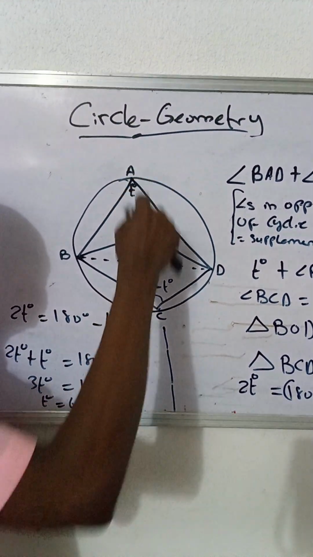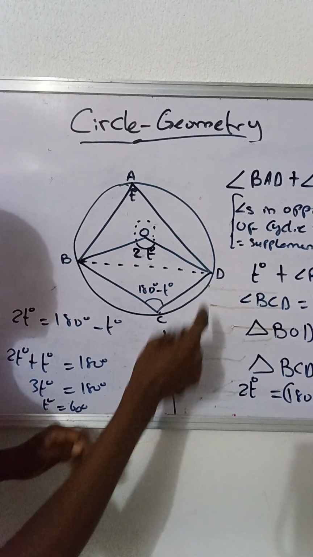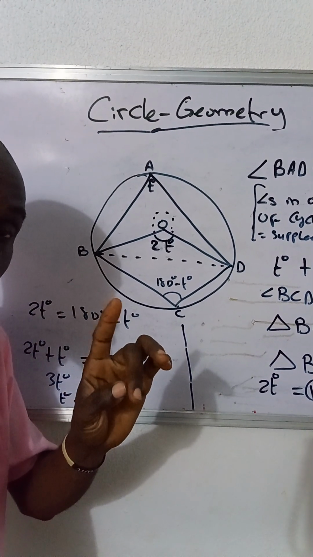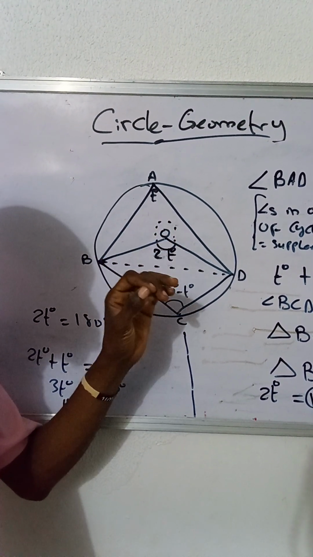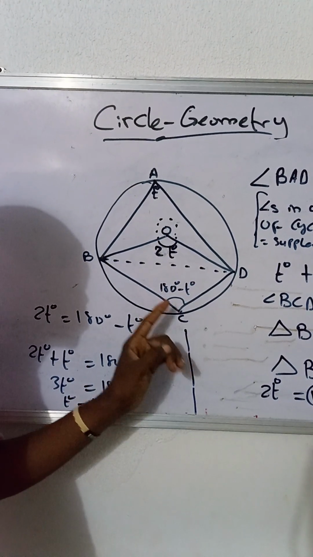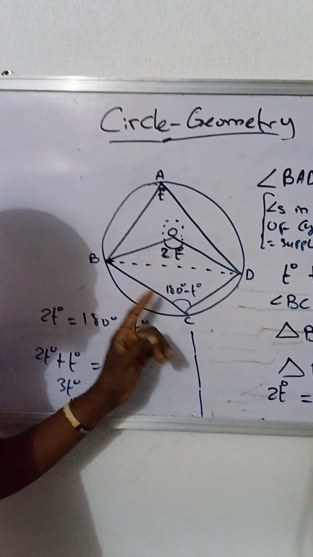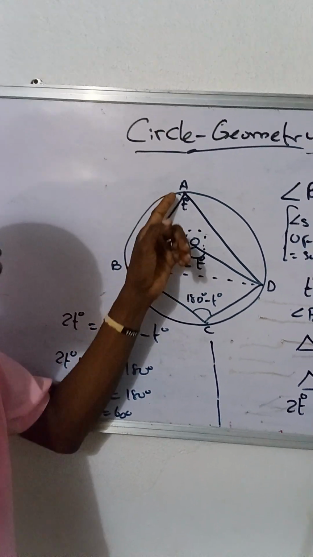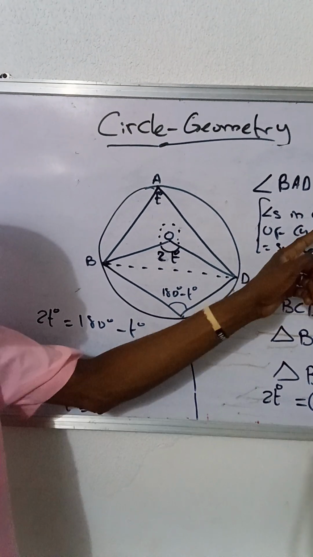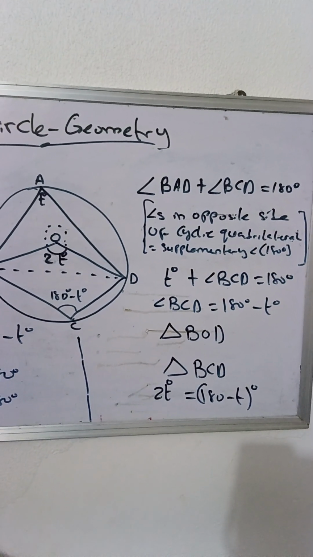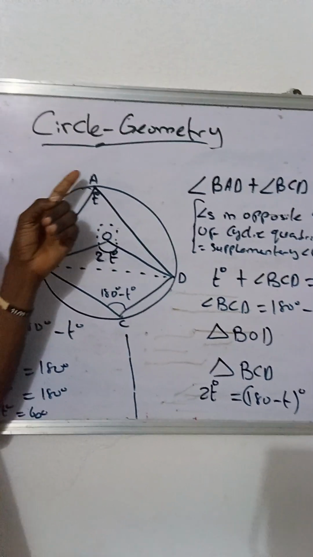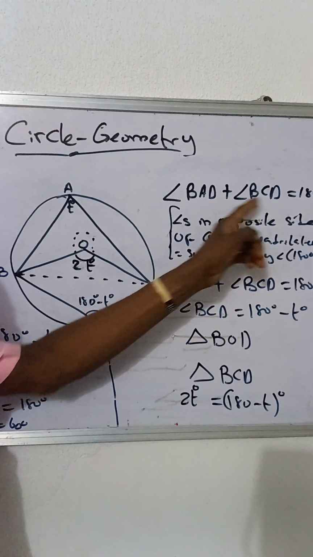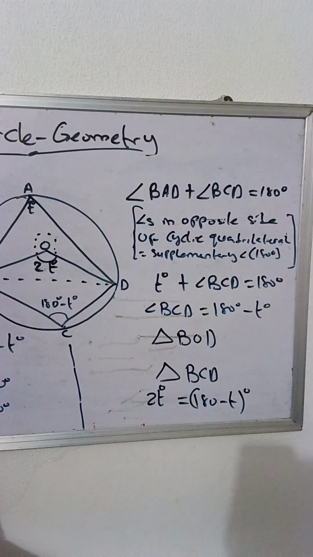Two, since we have a quadrilateral, a shape inscribed in a circle with four angles and four sides, it is a cyclic quadrilateral, so opposite angles equal 180 degrees.